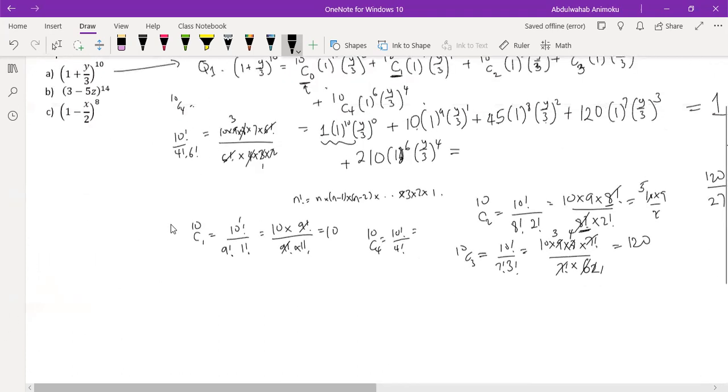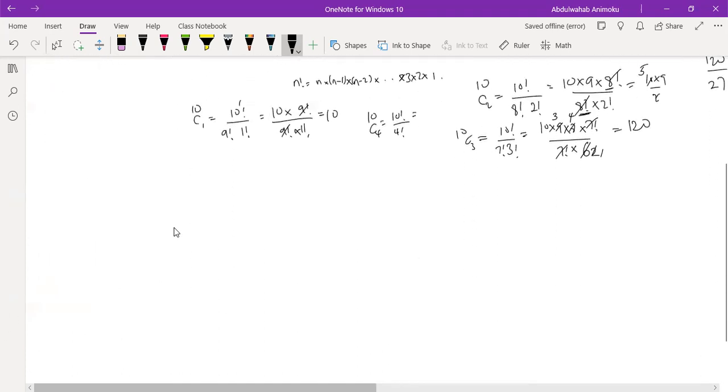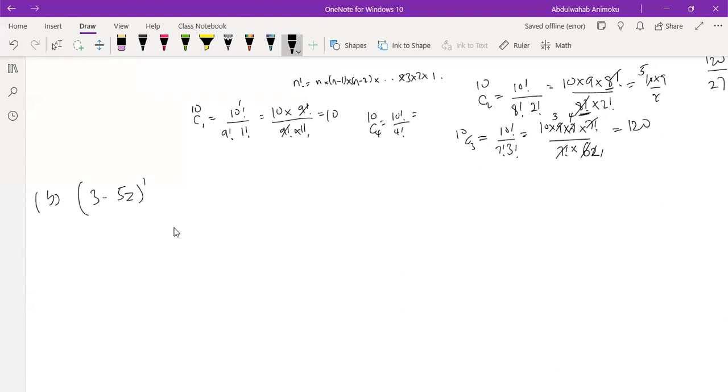So let's just look at the second one, 3 minus 5z all raised to the power 14, okay? Now, this would give us, again, 14 combination 0, the first term raised to the power 14, minus second term raised to the power 0. Then the next one is 14 combination 1, 3 raised to the power 13, minus 5z raised to the power 1.